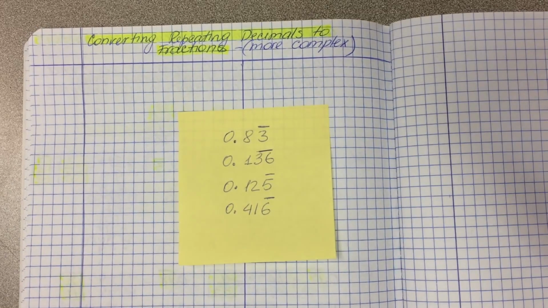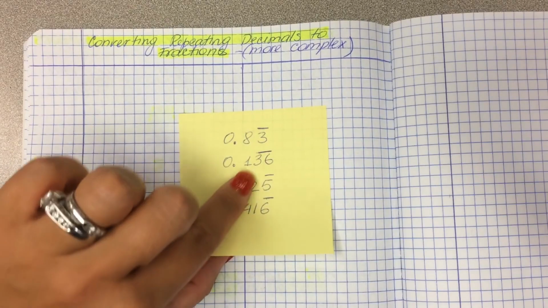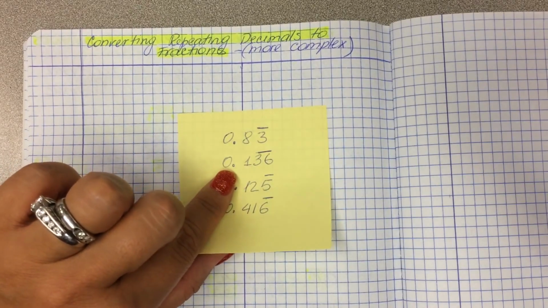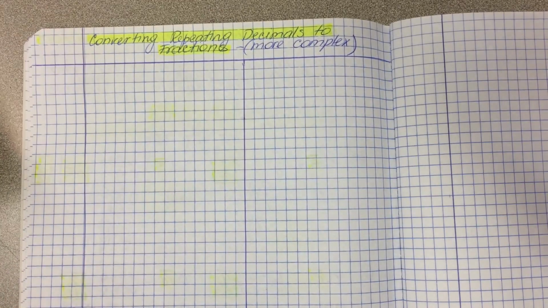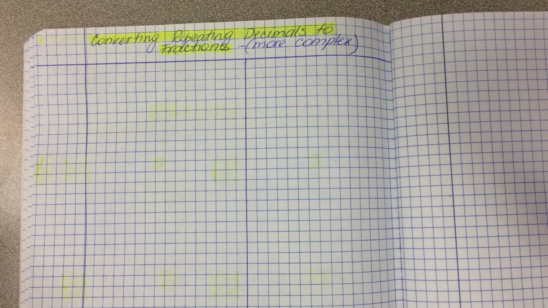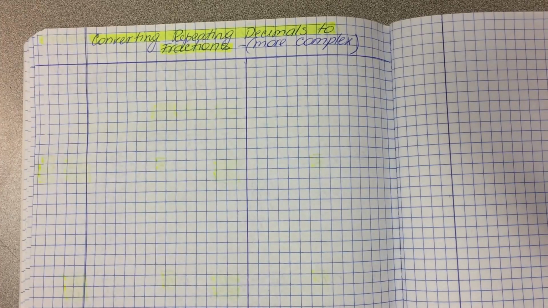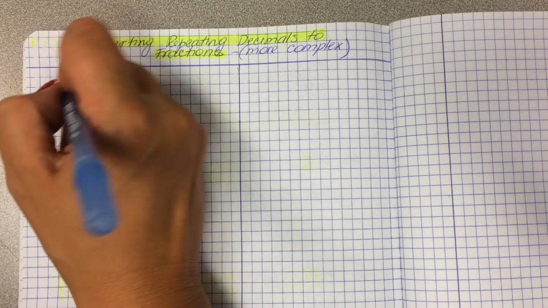These are repeating but mixed decimals, so they are a little bit more complex in converting to fractions. I'm going to divide the page into two and have the conversion on one side and checking on the other. So I'm going to start with an example.